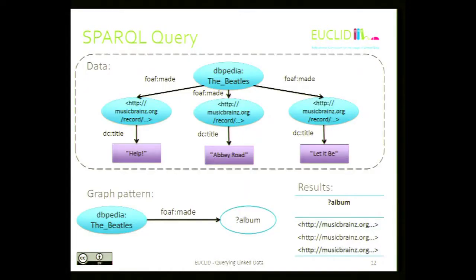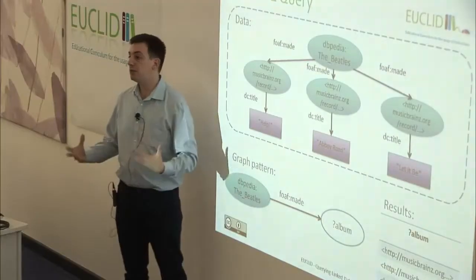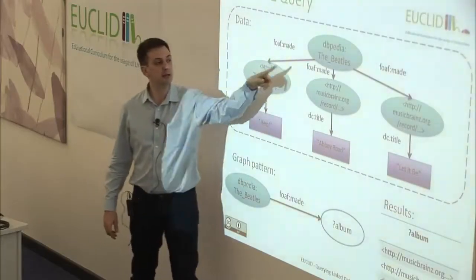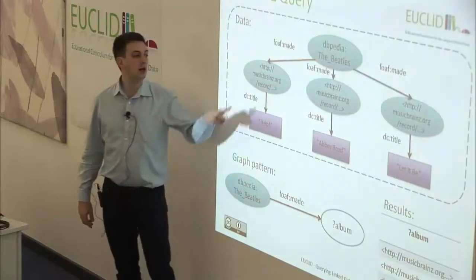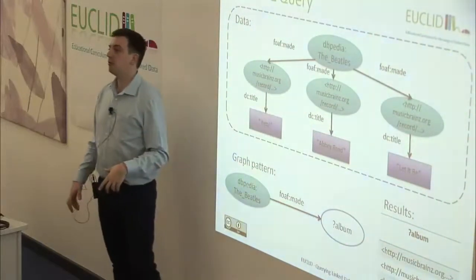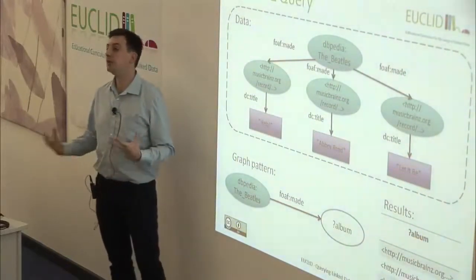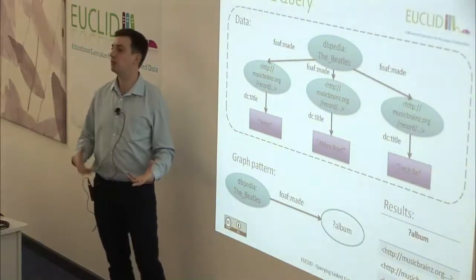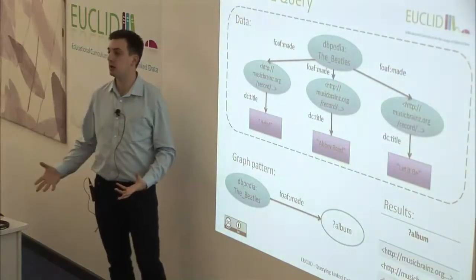So if we take this data, which is related to what you'll see in the exercises for this chapter, a subset of that data looks as follows. Okay? We have a resource to represent the Beatles. We have some relationships through this FOAF made relationship. Okay? And those resources come from MusicBrainz, from this representation of the MusicBrainz data set in RDF.